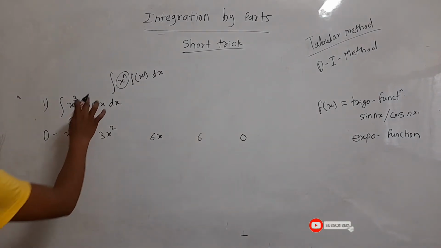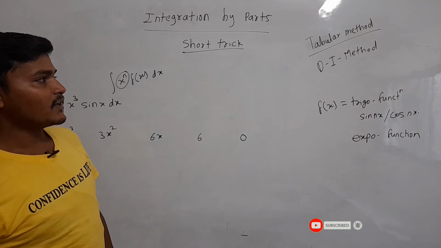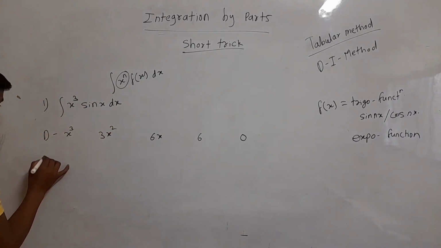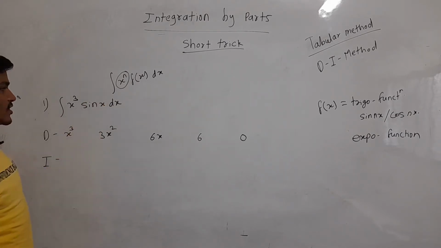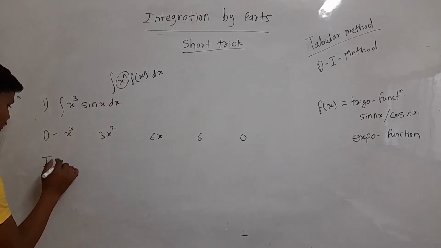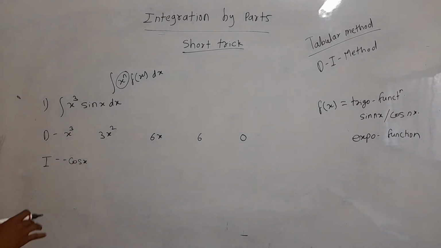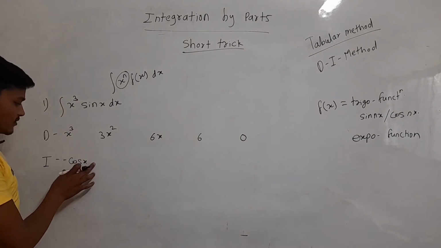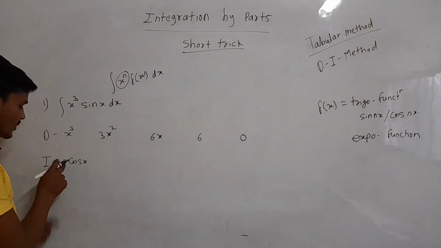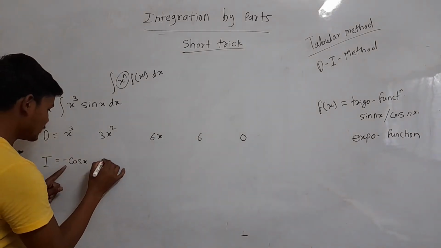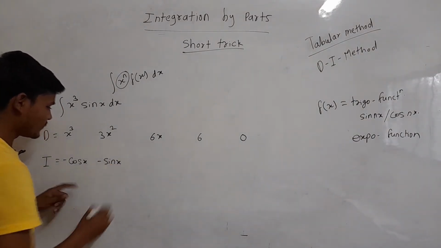Now, integrate the second function, that is sine x. The integration of sine x is minus cos x. Again integrate, we get minus sine x.